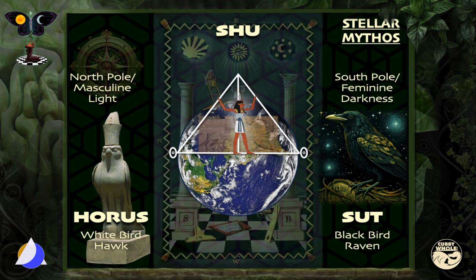So we have to understand that these two zootypes, Horus and Set: Horus is on the left, being the white hawk of the day sky, and Set or Sut is the black raven, the black bird of the night sky. So they associated Horus and Set with the white bird and the black bird. That's really important because it's about storing the information into zootypes.